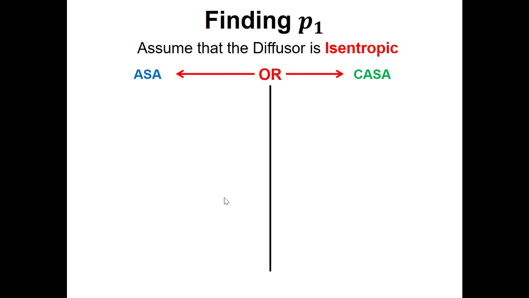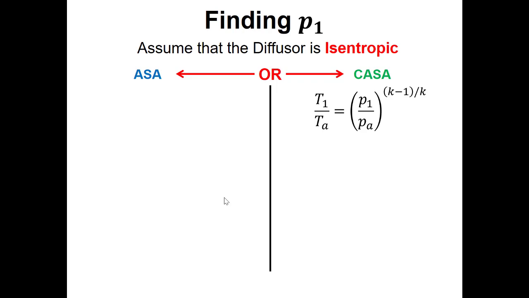I also want to be able to find the pressure at the exit of the diffuser. So here I'm going to assume that this process through the diffuser is isentropic. That means if I have a cold air standard analysis, I'm going to look for an expression with K in the exponent that relates the ratio of temperatures to the ratio of pressures.